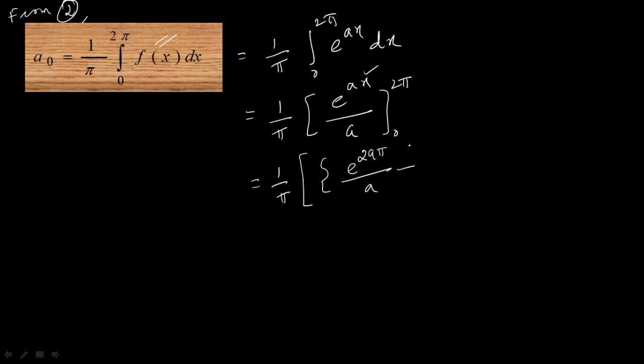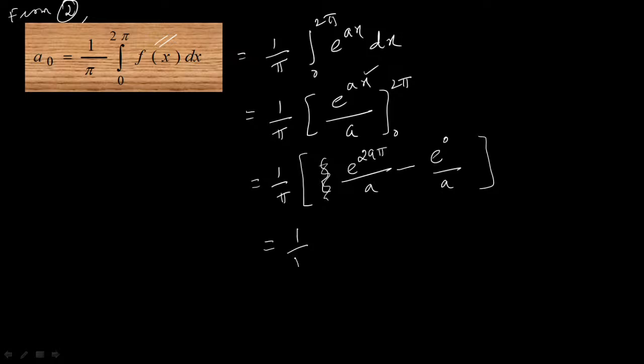Coming to the lower limit, in the lower limit you have 0, so you have to replace x by 0. So you get e power 0 into a, that is, the product of a with 0 gives you only 0 itself, divided by a. So only one parenthesis is enough.